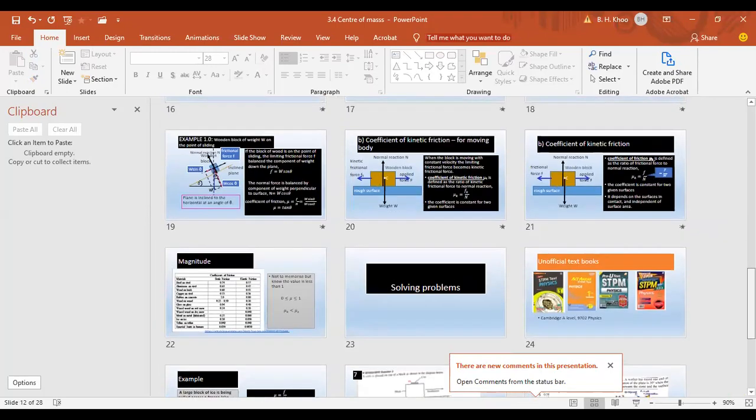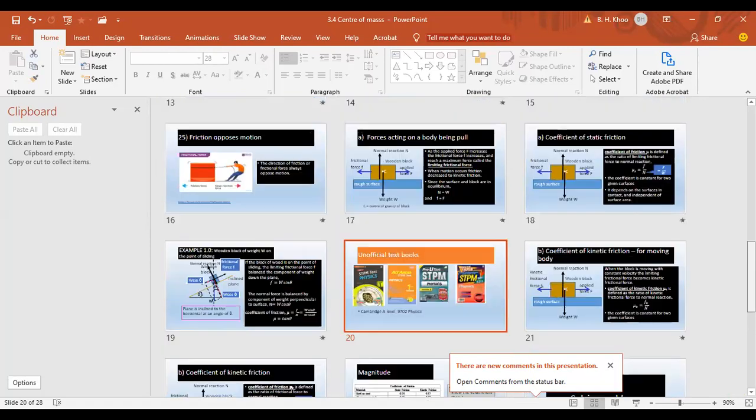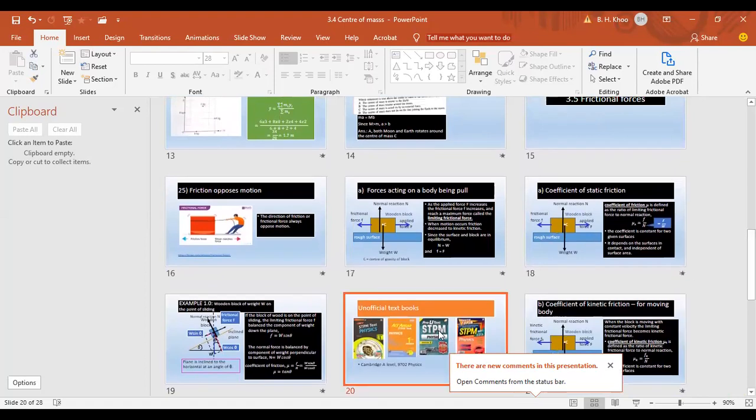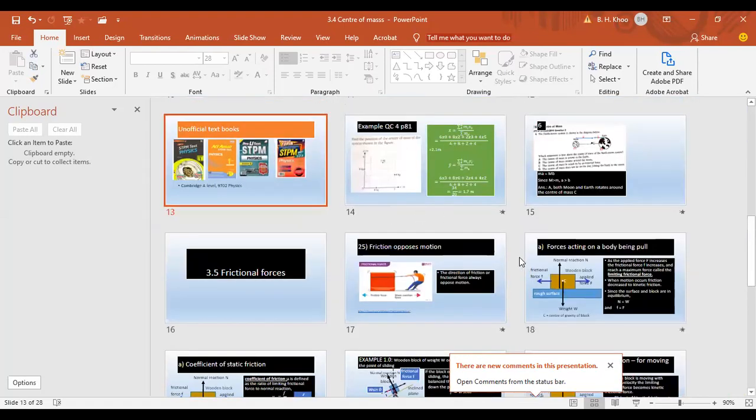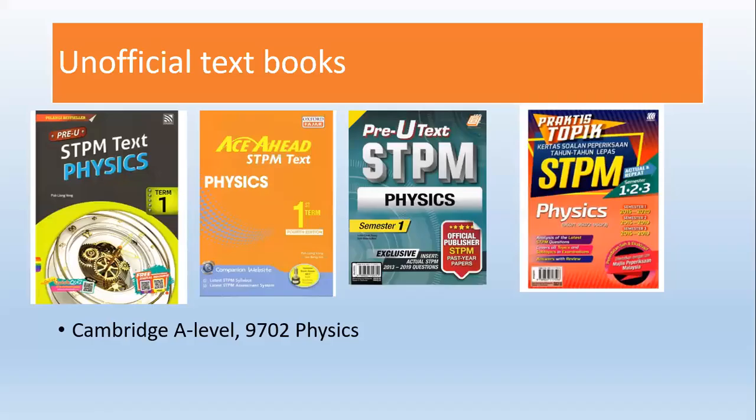It's always better to buy some books, even though it's not the official textbook, it's good enough to give you a chance to do some exercises. That's why I stress you can't study physics by just reading and attending lectures. You must understand the lecture and then try out some problem solving. This is the book that I use. It's reasonable. You can try this one if you want to. These are the two books that I'm using.